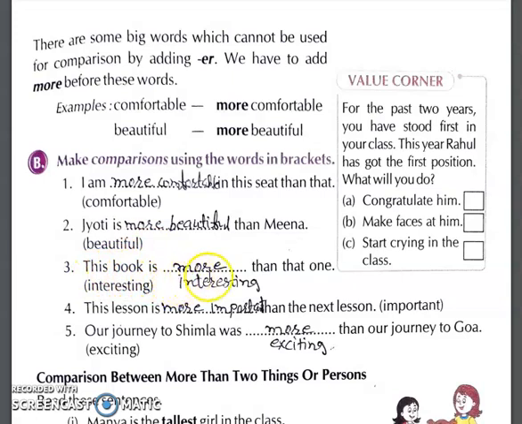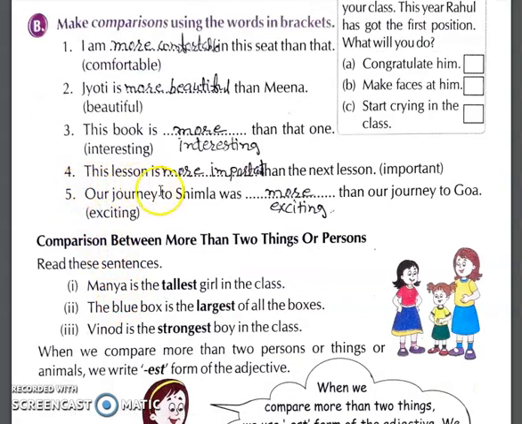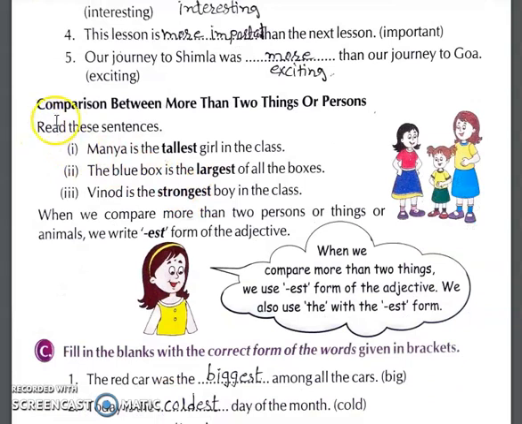This book is dash than that one. The word is given interesting. So this book is more interesting than that one. So like this you have to write this exercise and you can write from the video also, and as well I will send in the Tenno also this PDF file, so you can write it easily. Now we will see comparison between more than two things or person.